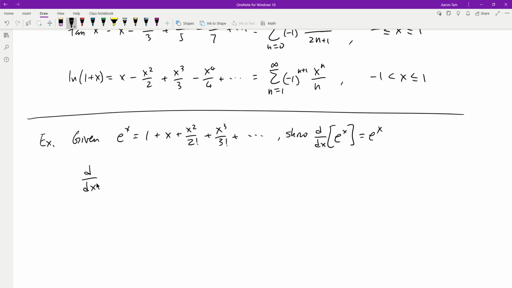So if I take the derivative of e to the x, I'm basically taking the derivative of its power series. And I'm just going to write one extra term, anticipating that when I take the derivative, one of the terms would disappear.